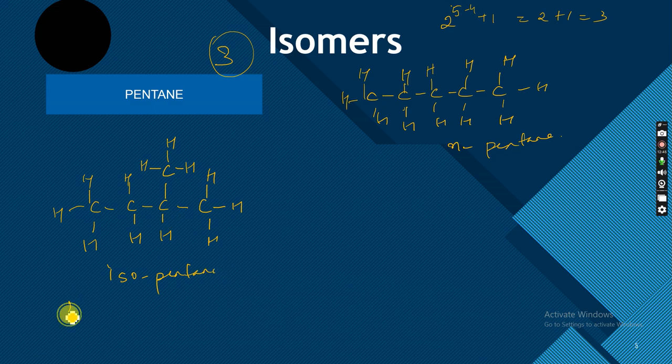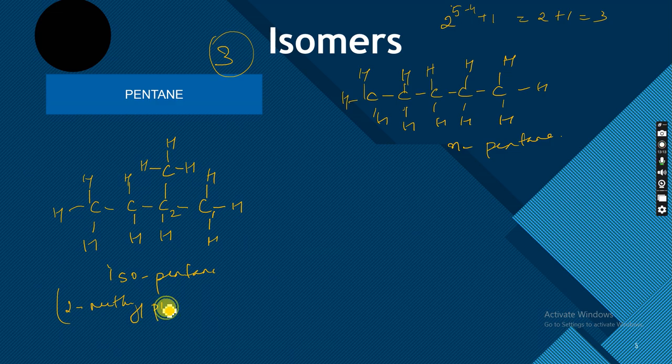Or you can write 2-methyl. Your numbering will start from this side because the alkyl group is in the second position. If I start from the other side, it is 3. We always take the lowest number, so we start from the right side.